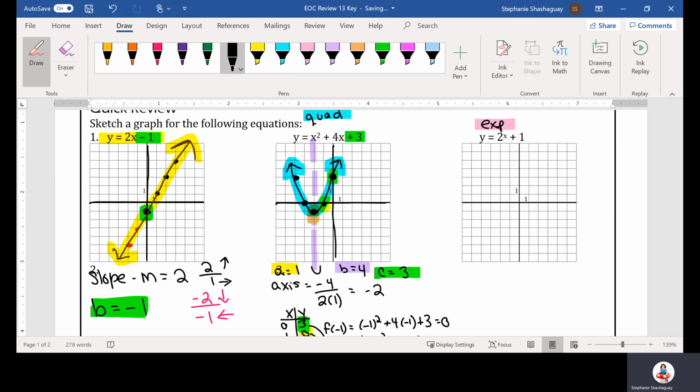So my y-intercept is going to be at 2. Remember, because f of 0 means that I'm going to have 2 to the 0 power plus 1. Well, anything to the 0 power is 1. When you add 1 to 1, you get 2. So that is my y-intercept.